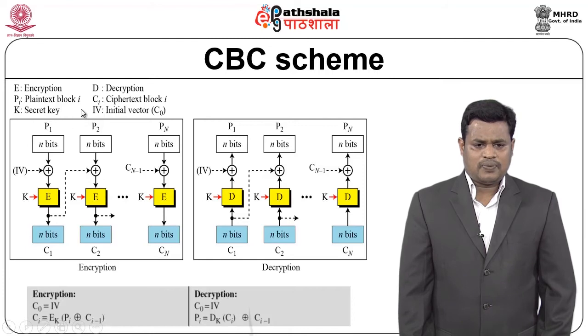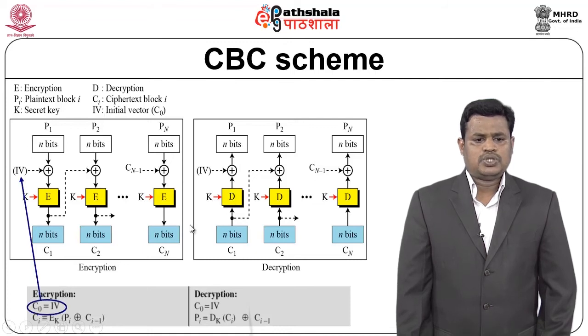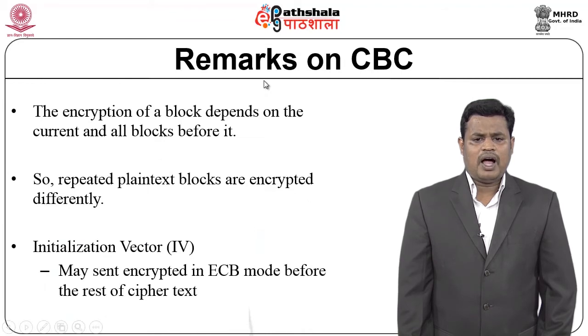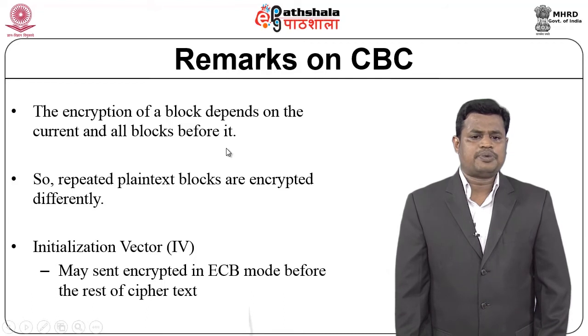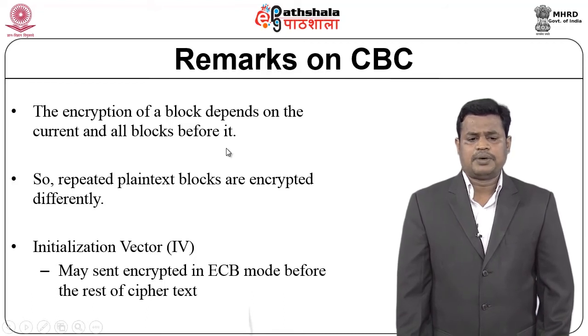So we can see the flow goes in this direction, generalizing that the encryption process is the inverse of the decryption process, using the initial vector. What are the remarks on CBC? The encryption of a block depends on the current block and all previous blocks. Hence it is a very slow process, because I need to wait until the previous encryption finishes before I can go for the next encryption block.